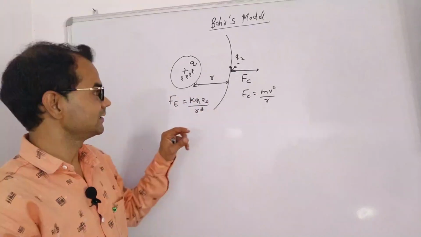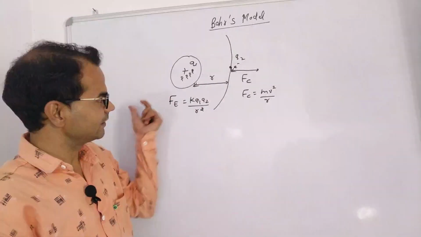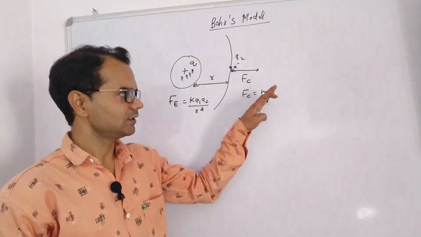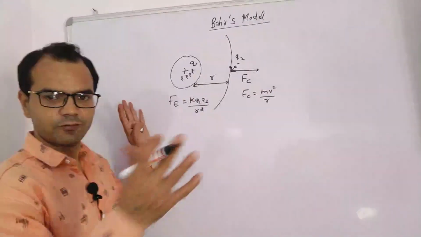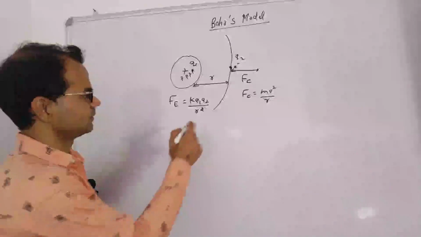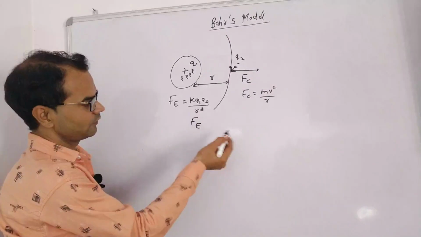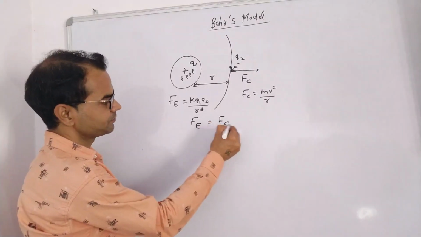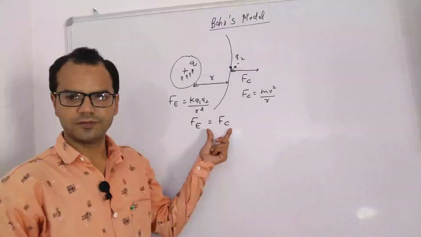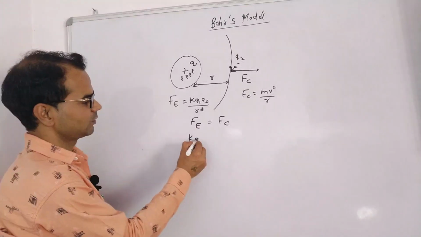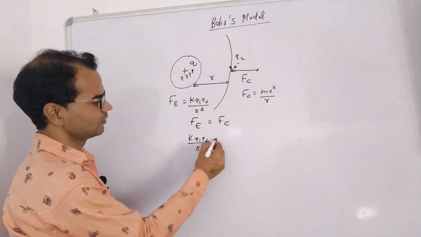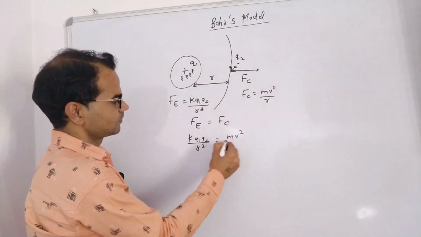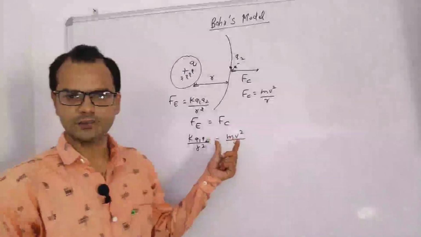Now we can clearly see one force is acting inwards and the other force is acting outwards. So the magnitudes of both forces are equal. The electrostatic force of attraction is balanced by the centripetal force, meaning K Q1 Q2 by r square equals mv square by r.